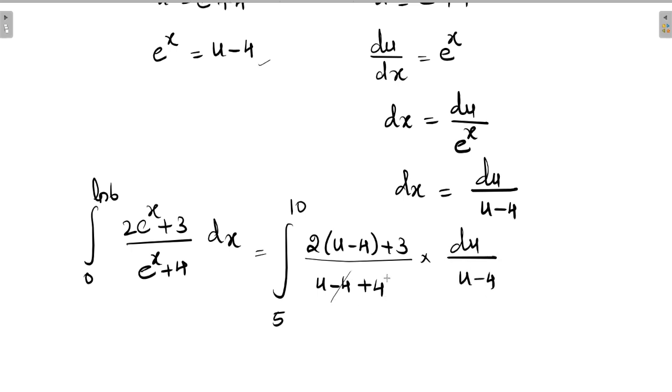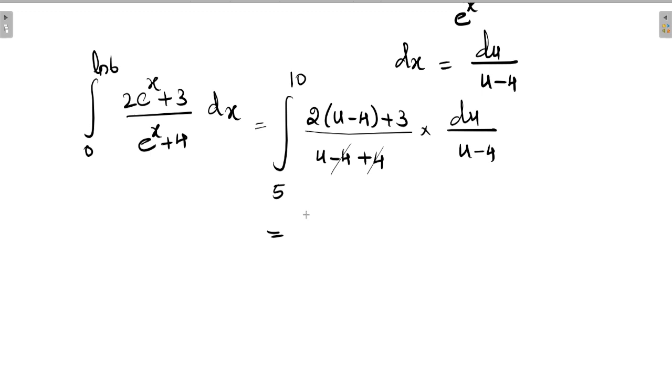So this minus 4 plus 4 is 0, which is equal to, we can simplify and write in the lowest term. Integral 5 to 10, 2u minus 8 plus 3 divided by u times u minus 4 du.